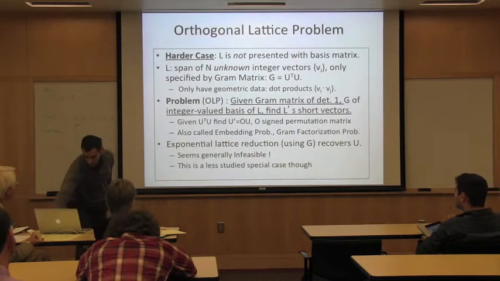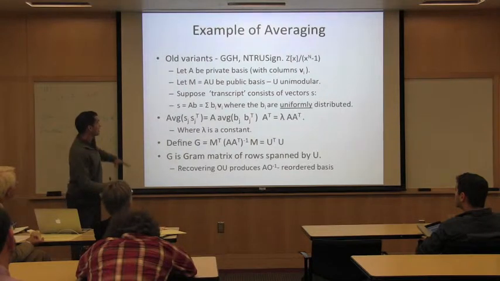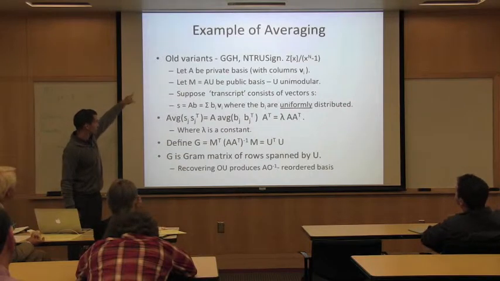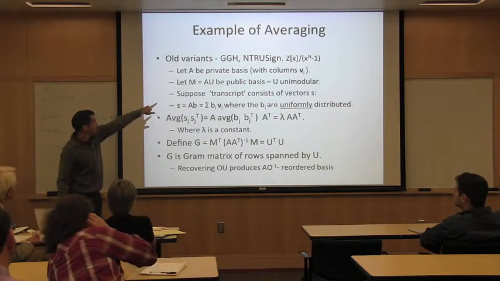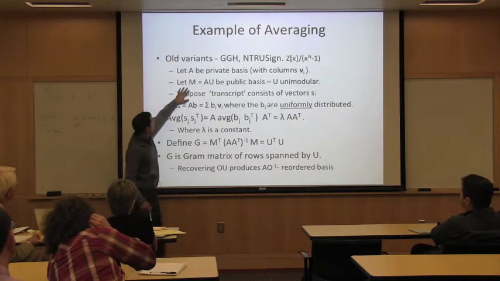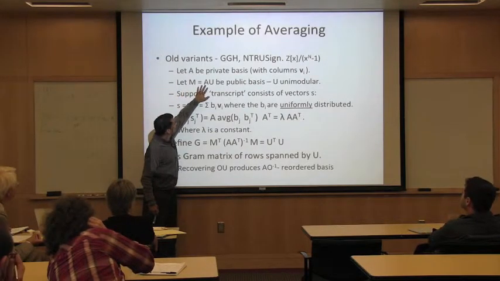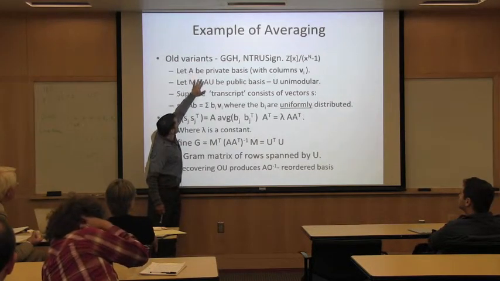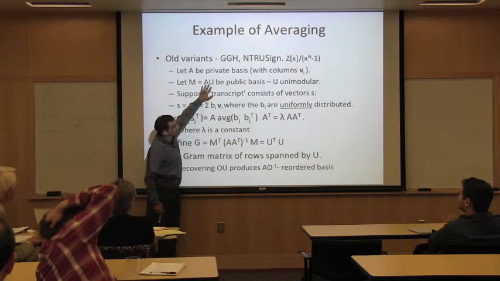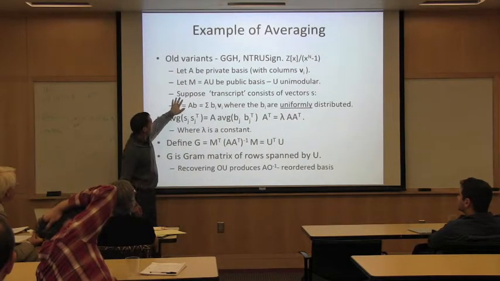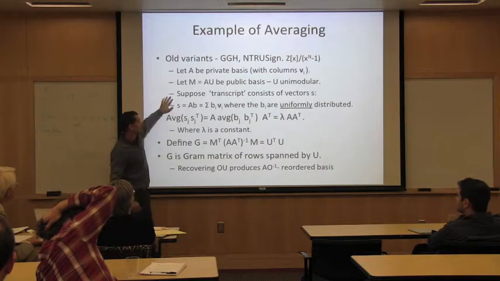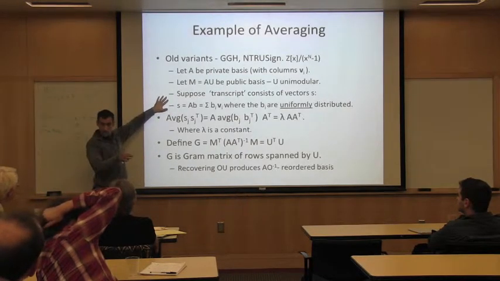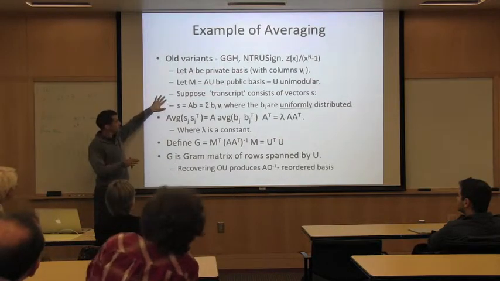Also, that problem actually comes up because you can do another version of averaging on some quantities related to older variants of GGH and NTRUSign, which use that ring. So you say you have a public basis, and there's a private basis A and a public basis which is a hidden multiple of it, and you've got a bunch of, let's call it a transcript. I say transcript because there are some signature schemes where, if you get a message in a signature, you can do some math and get a bunch of values that have this form.